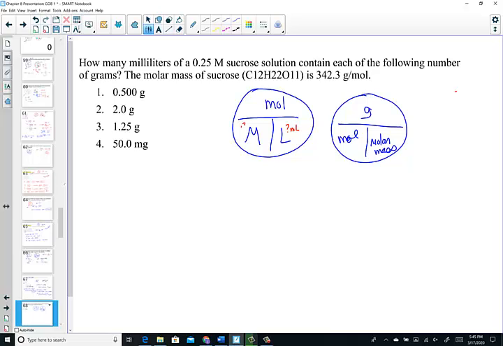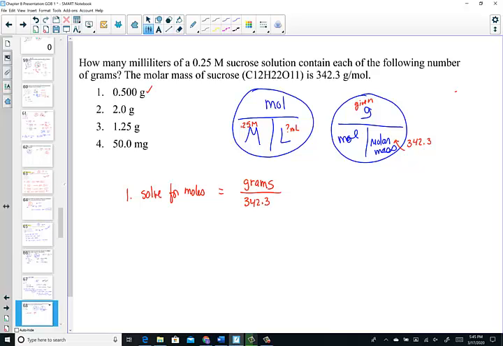I'm given a 0.25 molar solution, and I'm going to be given a variety of grams right here, and the molar mass is given to me as 342.3. Ultimately, what we need to do first is step 1, solve for moles. We'll do that by saying grams over molar mass.